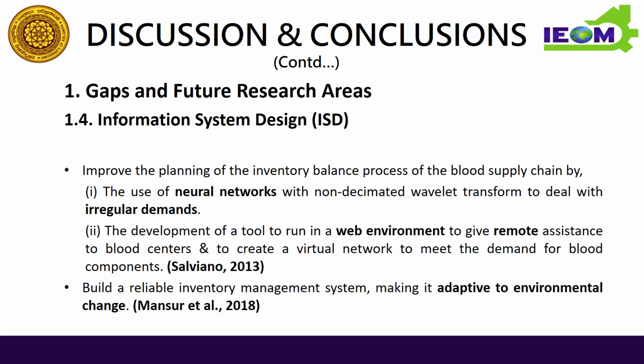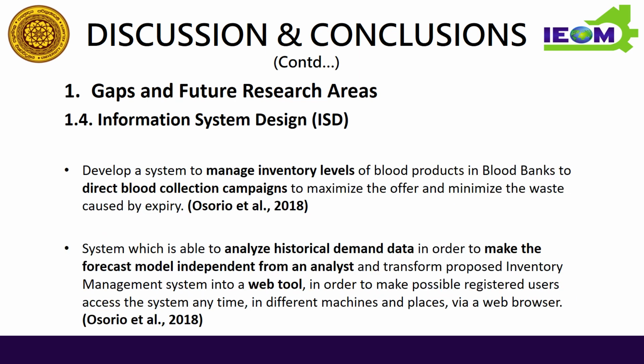Then information system design. Research done in 2013 explains the need for neural networks to deal with irregular demands, and for more solutions using a web environment to give remote assistance and to create virtual networks. Also, a study done in 2018 explains the need for an adaptive system for environmental change.